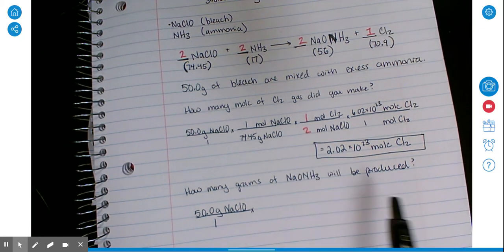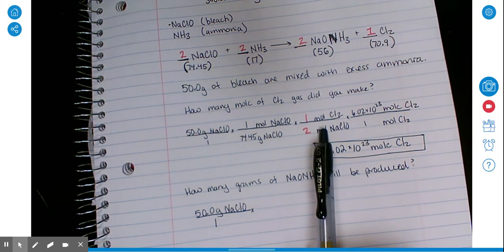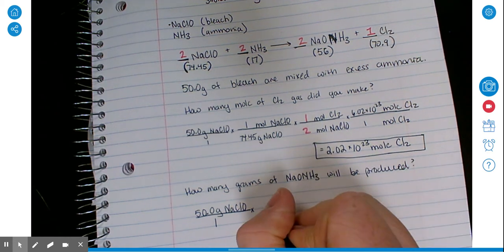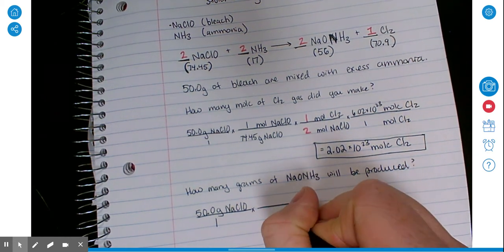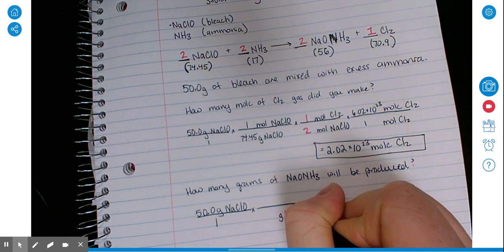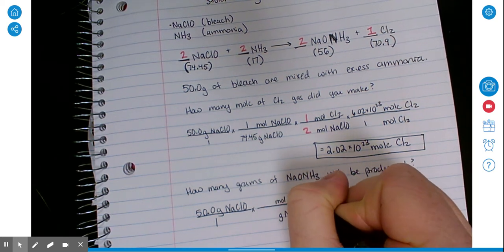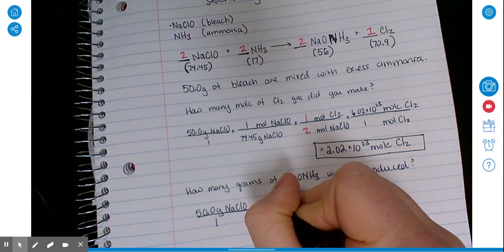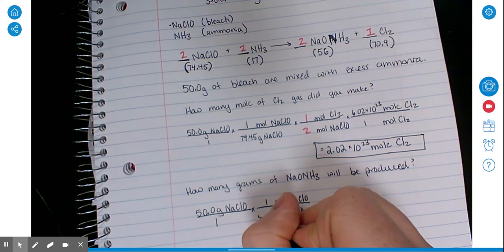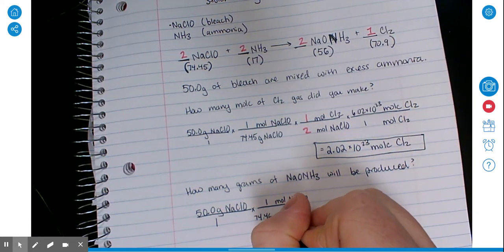Now you're going to notice these get repetitive because remember, it's the same up until you switch to a compound. From grams to moles, so grams of NaClO to moles of NaClO. 1 mole contains 74.45 grams.